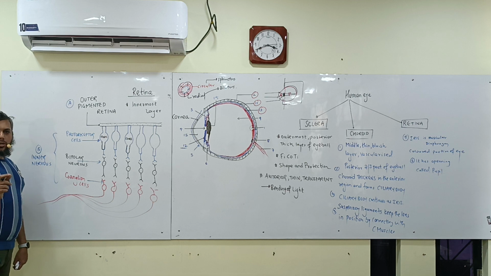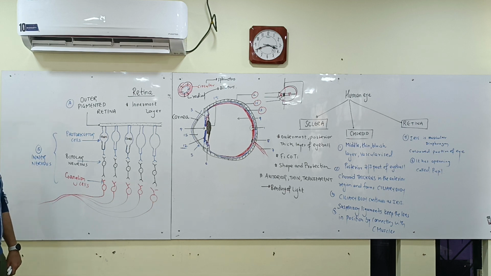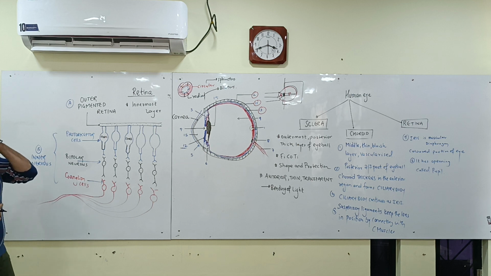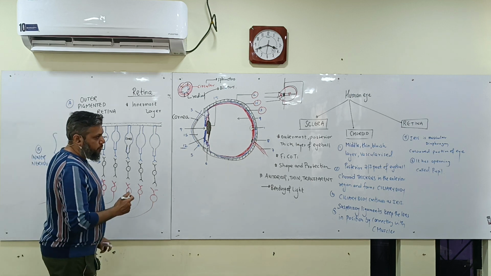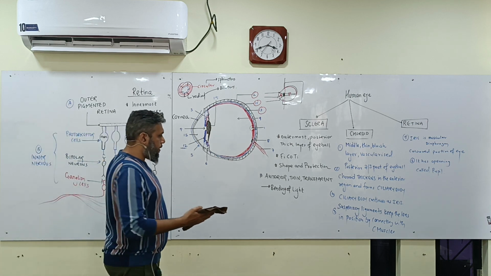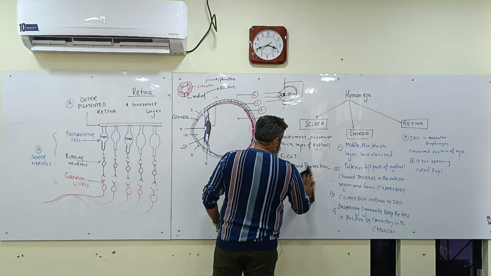There are about 1200 lakh rod cells and about 65 lakh cone cells. So the number of rod cells in human beings is very high. So your photoreceptor cells are of two types: rod cells and cone cells.